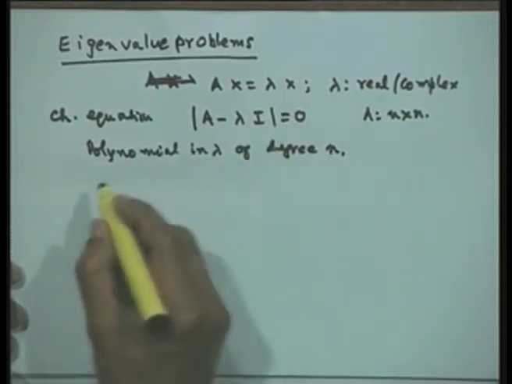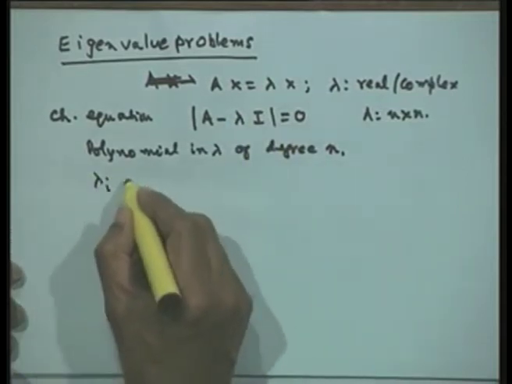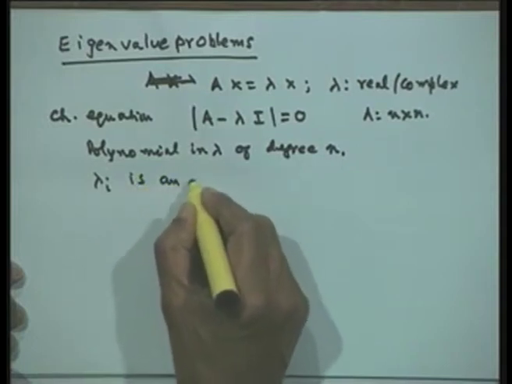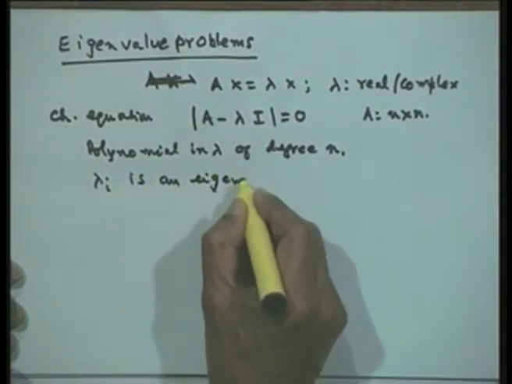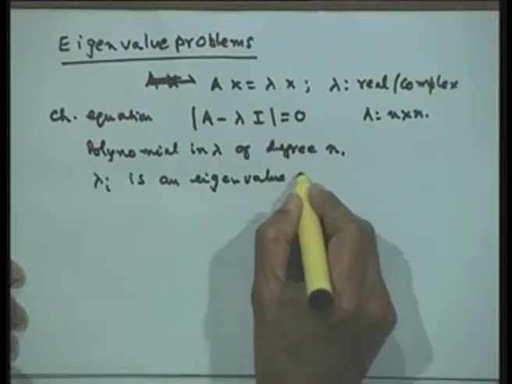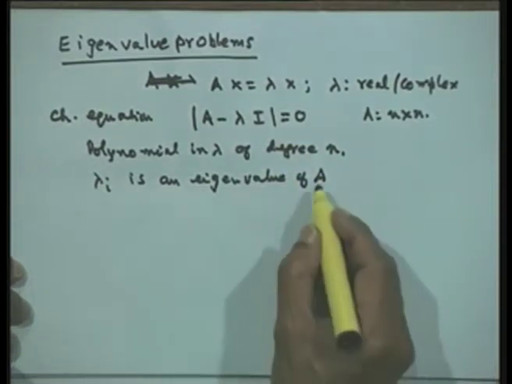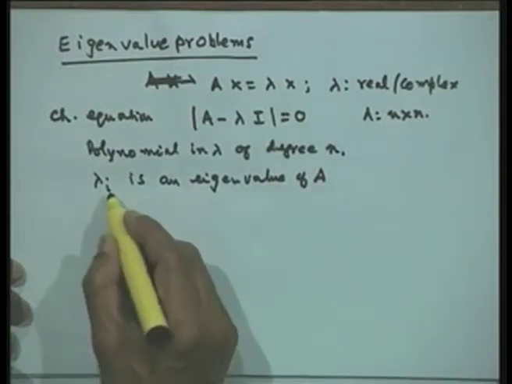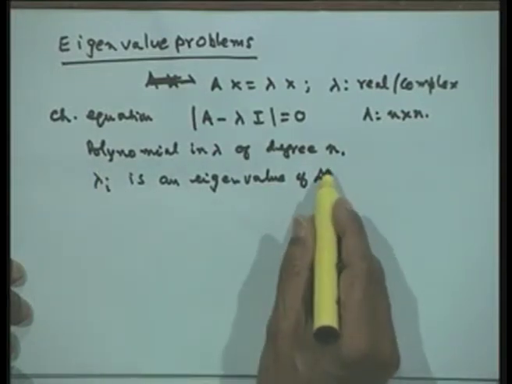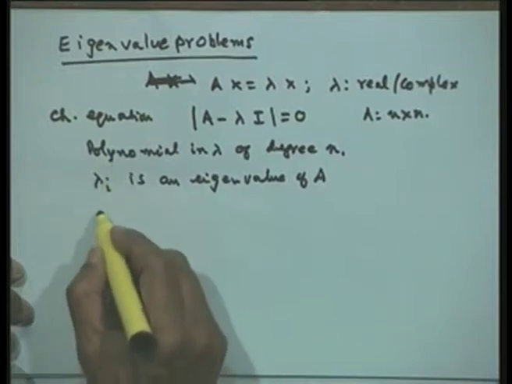But we know the property that if lambda I is an eigenvalue of A, then A square will have eigenvalues lambda I square, and A to the power of m will have eigenvalues lambda I to the power of m.